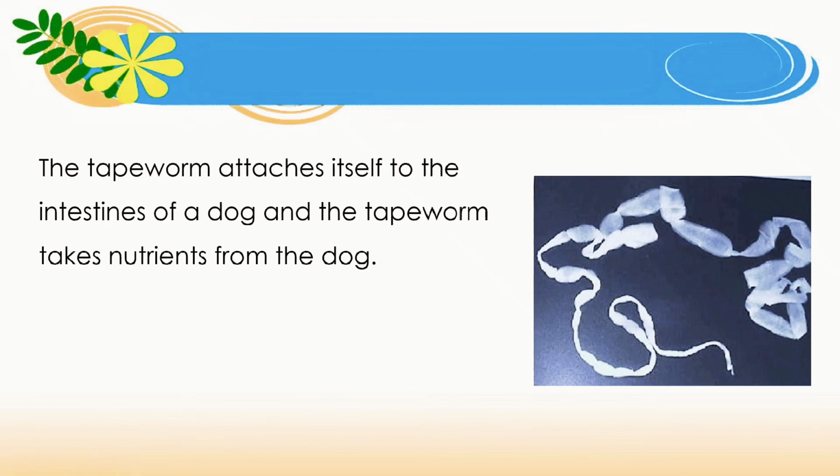Next example is the tapeworm. This one is a tapeworm. So it grows in the intestines of a dog to get nutrients. So this dog will serve as the tapeworm's host. So the dog will get hurt or will be harmed, so they can have the negative relationship.